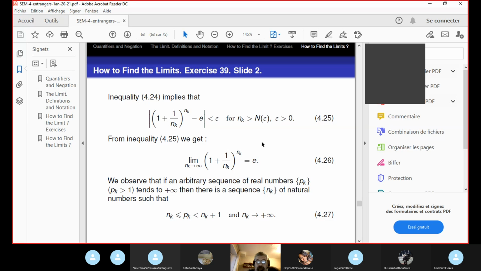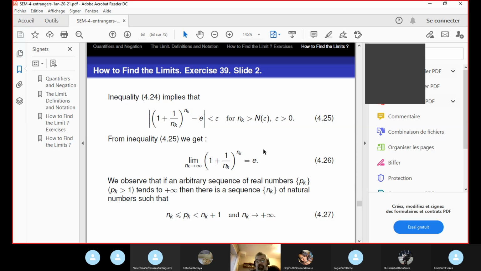Agree? Yes, agree. So your p sub k is between n sub k and n sub k plus 1, as usual. Okay? You understand this inequality 4.27. Nice.